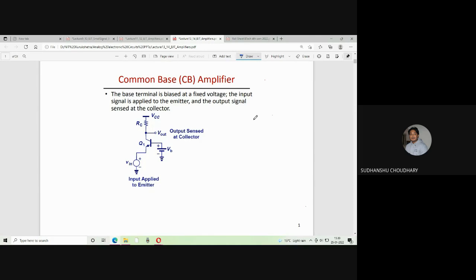And then one can perform the same analysis that was done on the common emitter configuration to decide the small signal parameters, for example, gain, input impedance, and output impedance, right? So we had calculated all these parameters.